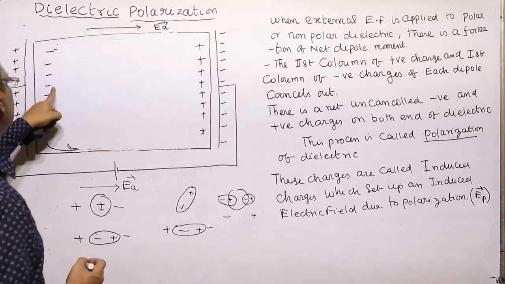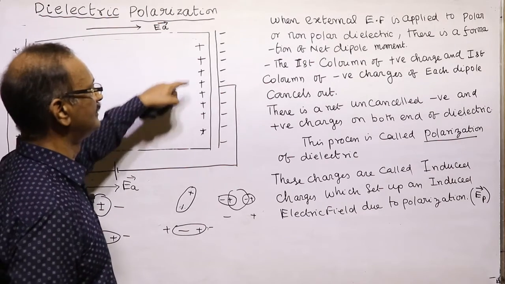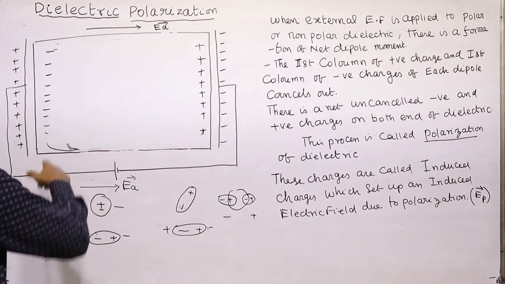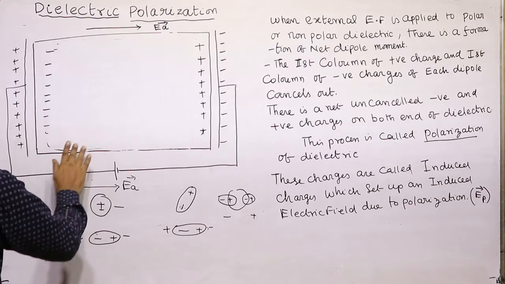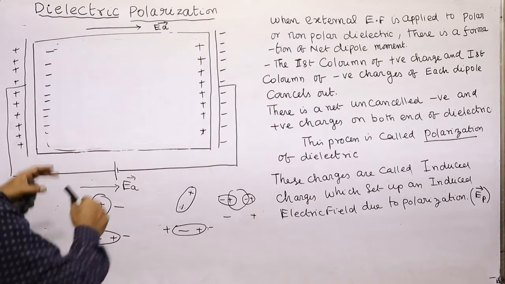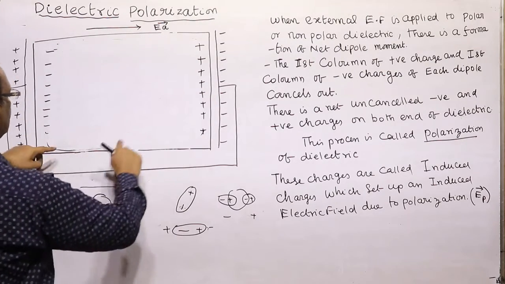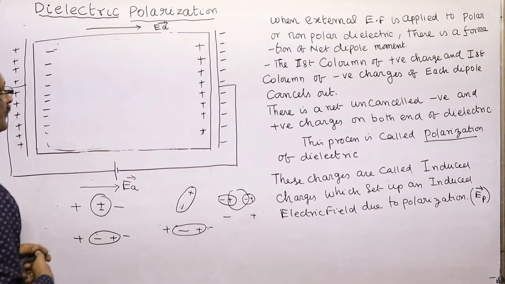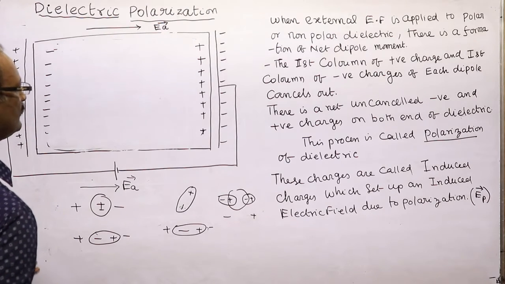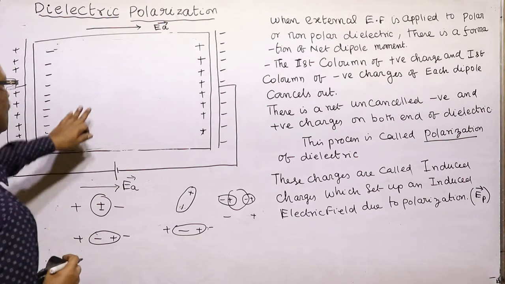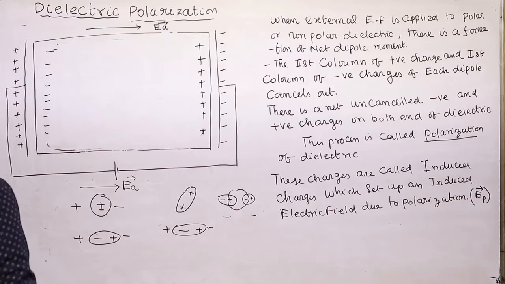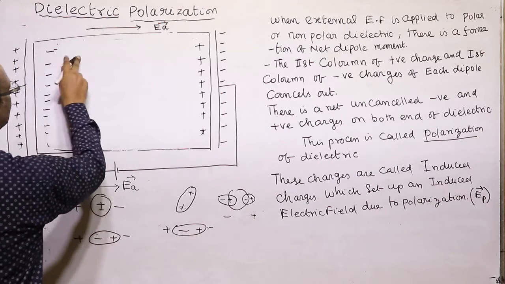This is uncancelled, this is uncancelled, negative and positive charge on both ends of the dielectric. This is the dielectric frame. There is an uncancelled charge, and it will form an electric field from positive to negative.